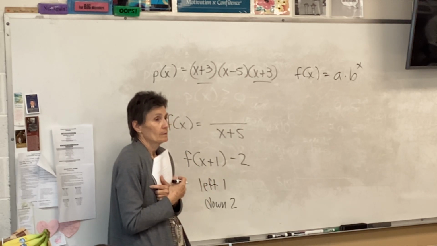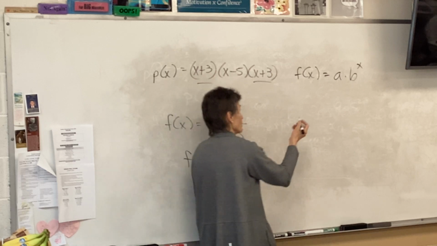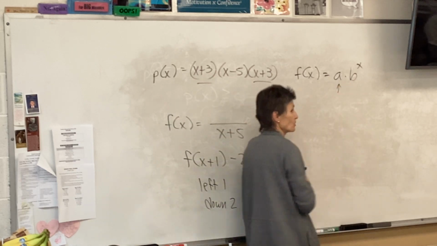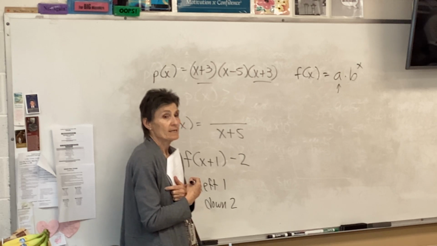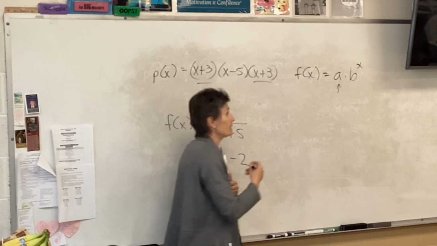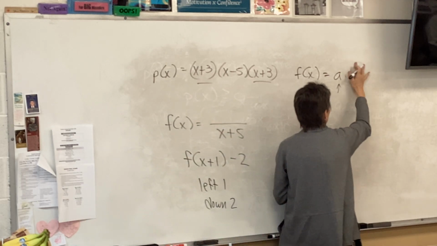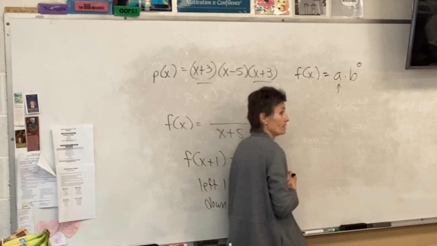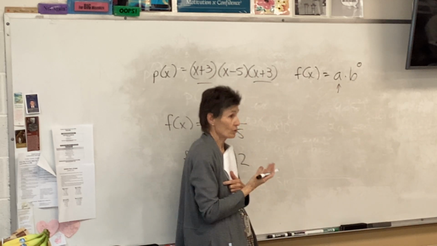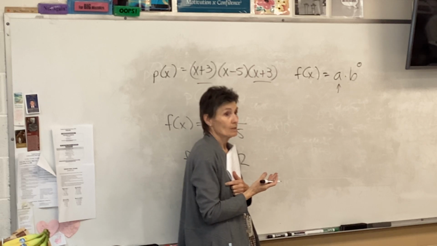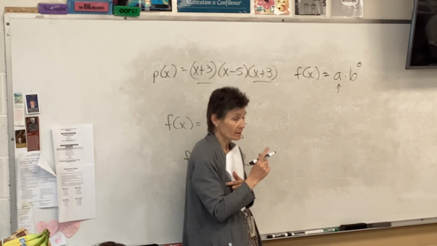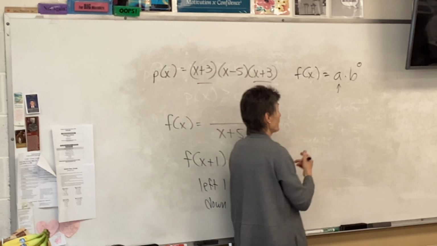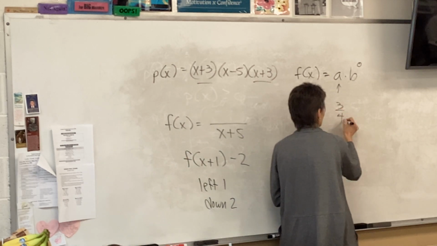Well, what does A stand for, you guys? In any exponential, what does that A stand for? The initial value. It is the value that if you put 0 in for x, don't you get just A? So what is our A? If you put in 0 for x, you get 3/4.